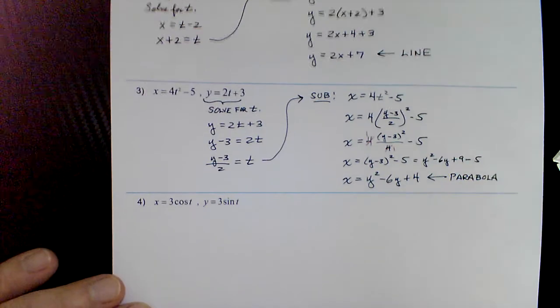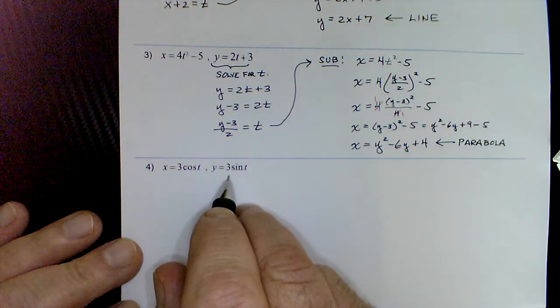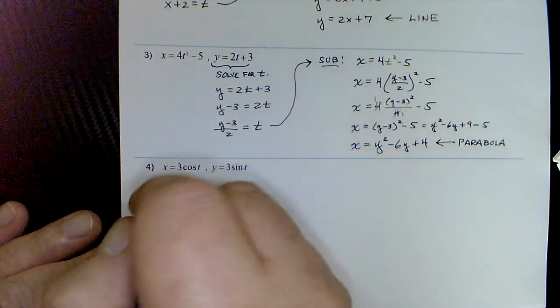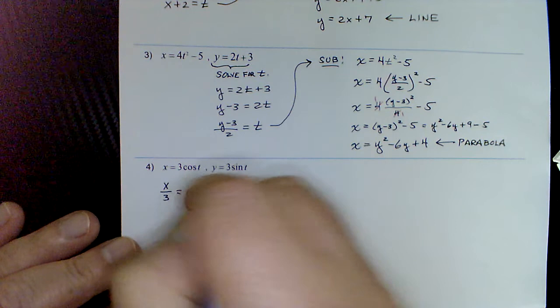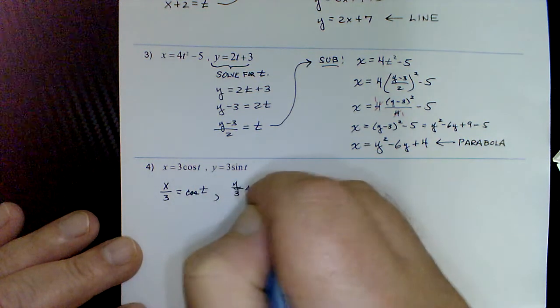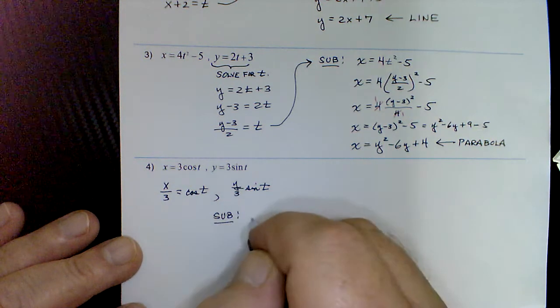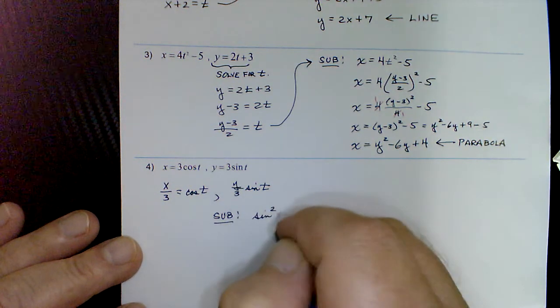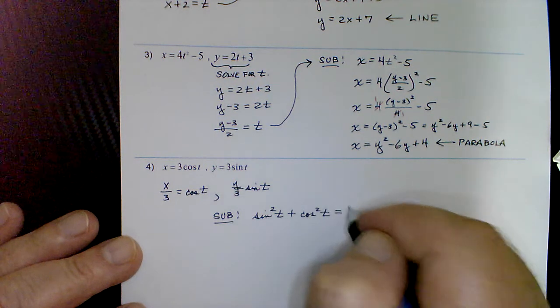Okay, here's a trigonometric equation. So those are examples of the algebraic types. Here's the trig functions. So we're going to solve each one for sine and cosine respectively. So x over 3 is cosine t, and y over 3 is sine of t. And then we substitute, but what we're substituting into is sine squared t plus cosine squared t is 1.